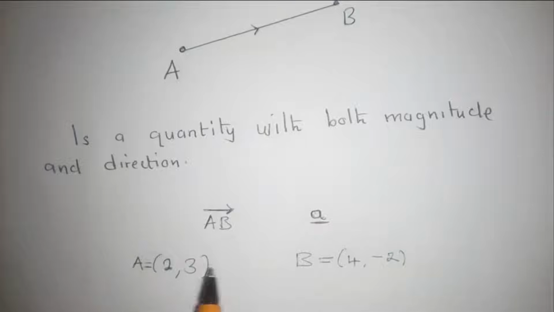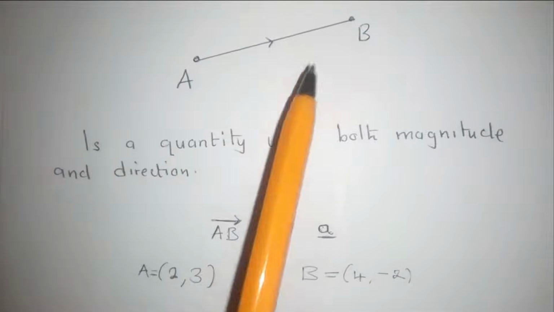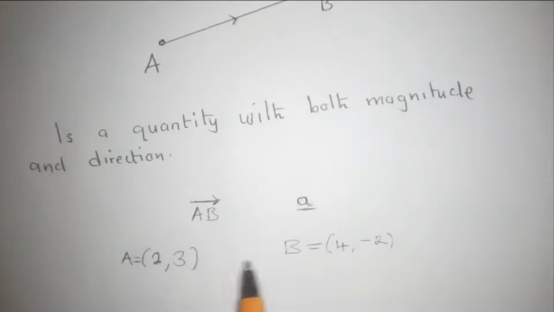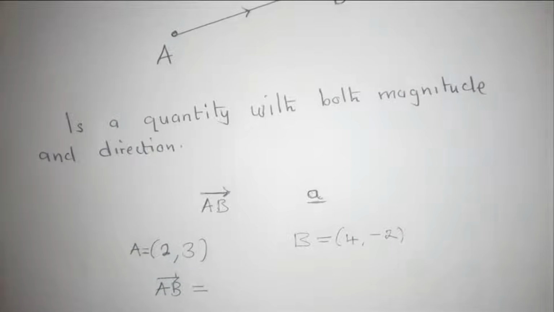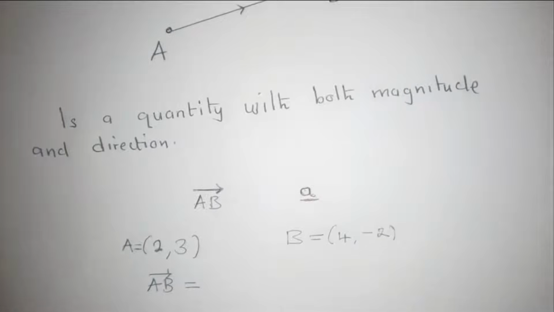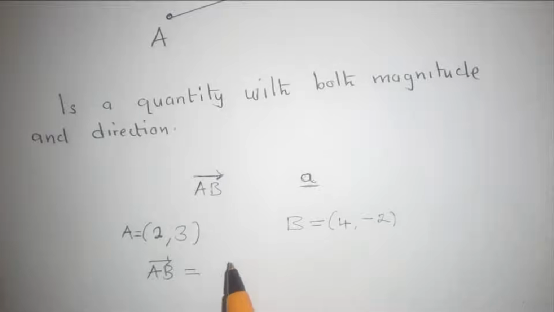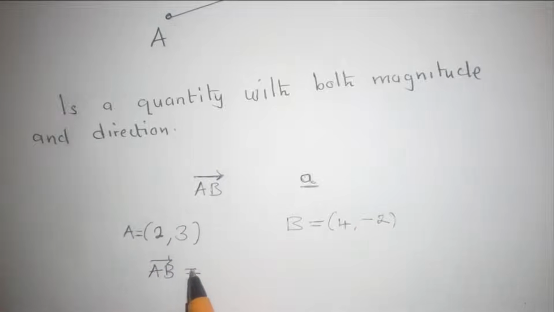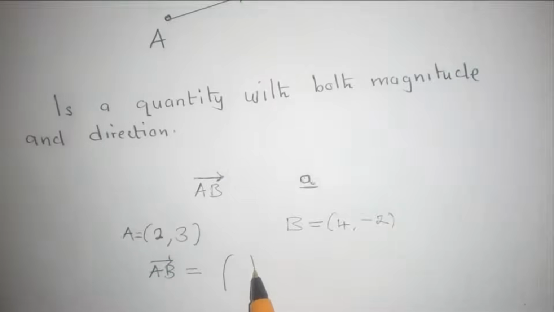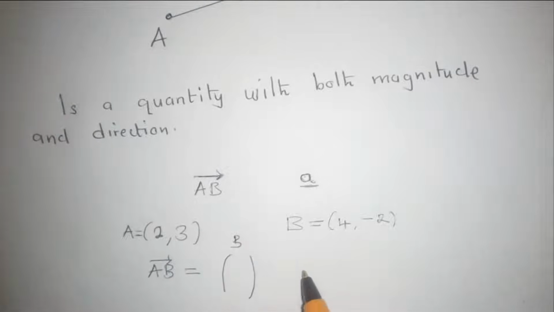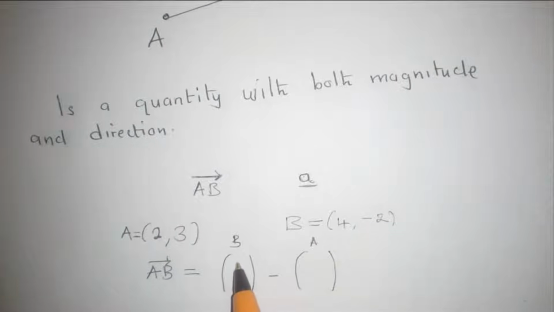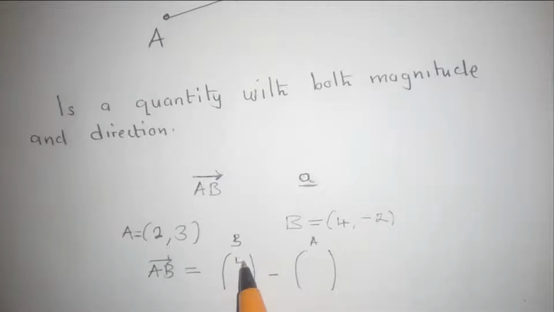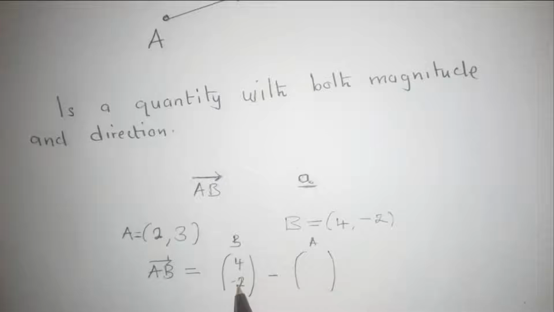Okay, and since we have these 2 points A and B, if they ask you to find the vector AB, you write vector AB is equal to, this is where now the idea of adding and subtracting vectors comes in. So you say AB is equal to, you put your work in column form, you write this is B, minus the one which is this side, which is A. So under B, what do we have? We have 4 over there and -2.